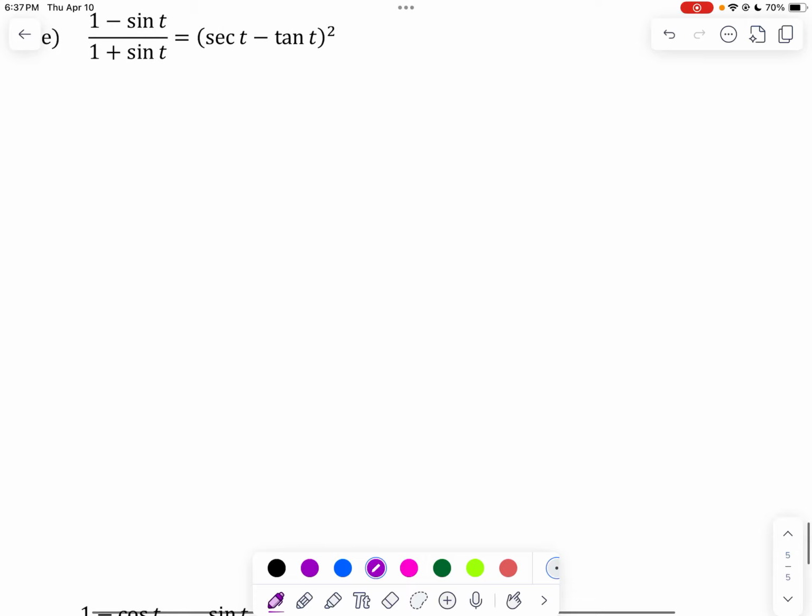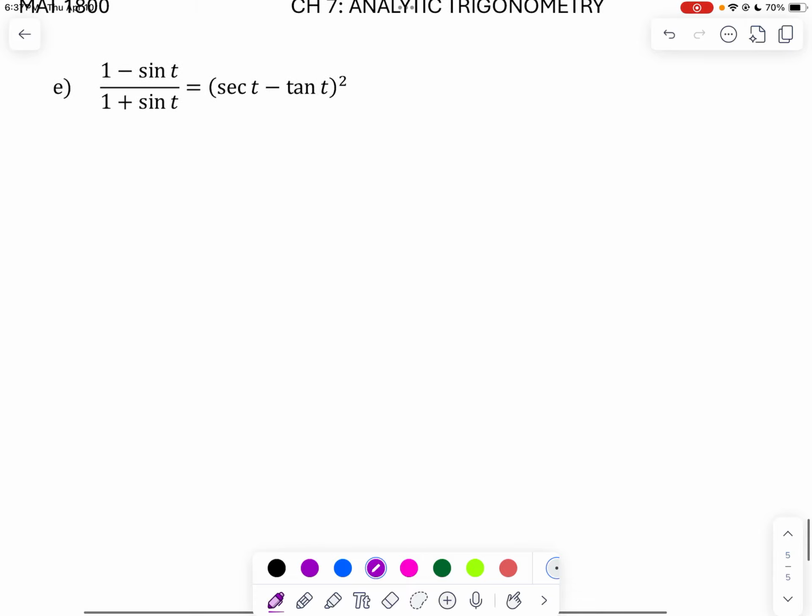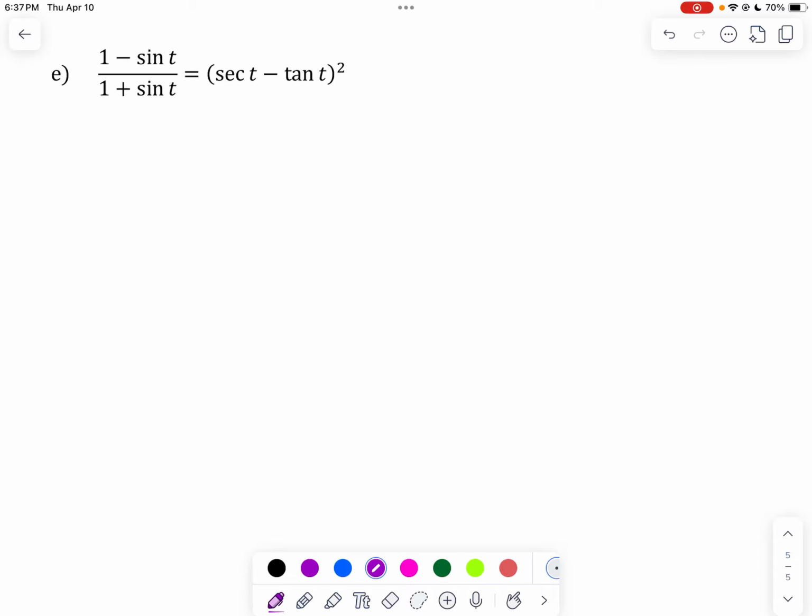Both sides look complicated here. I don't know, maybe you can start with the right hand side first, because from the left hand side it's kind of hard to see how you will get this into that form. It seems kind of odd. But from the right hand side we might be able to see that if we convert things into sine and cosine, maybe it will come in handy.